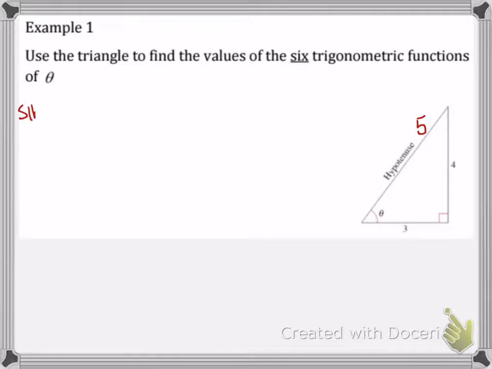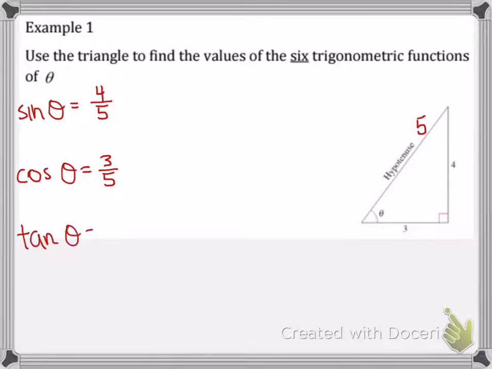So, sine of that angle equals opposite over hypotenuse. Cosine of that angle equals the adjacent side over hypotenuse. And tangent of that angle equals opposite over adjacent.